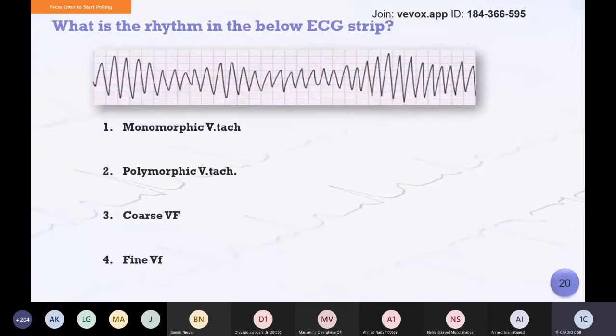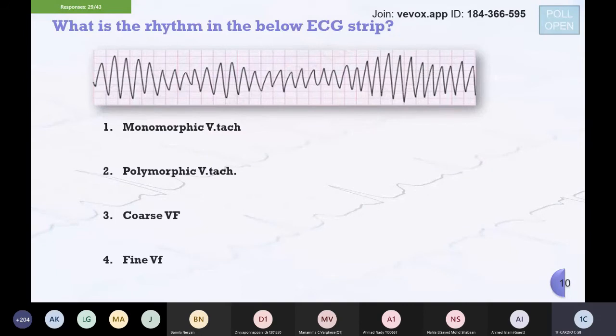So let's start this one. Can you see a QRS here, a P wave? Is it monomorphic, polymorphic ventricular tachycardia? Is it coarse VF? Is it fine VF?